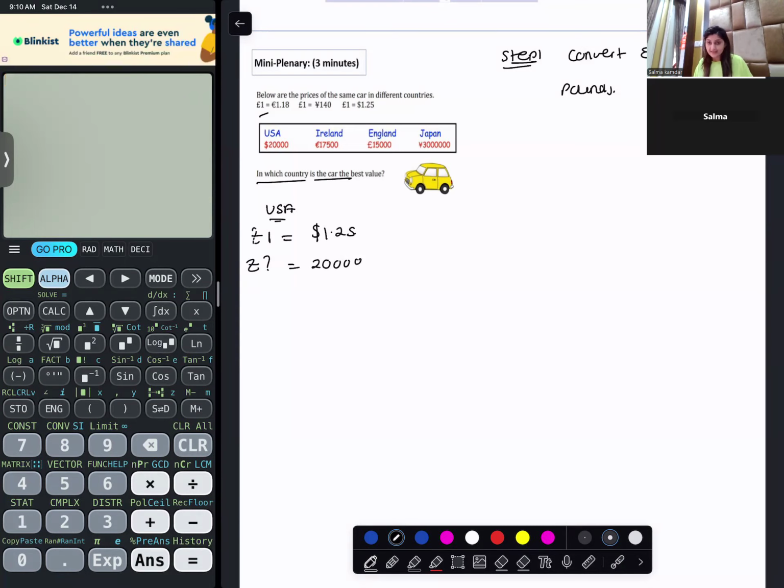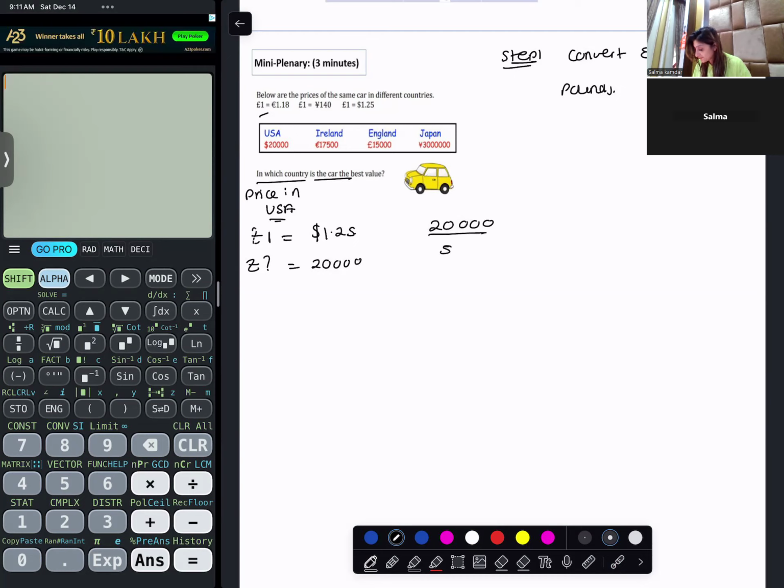In USA, the car would be 20,000 divided by 1.25. So the price in USA would be 16,000 pounds.